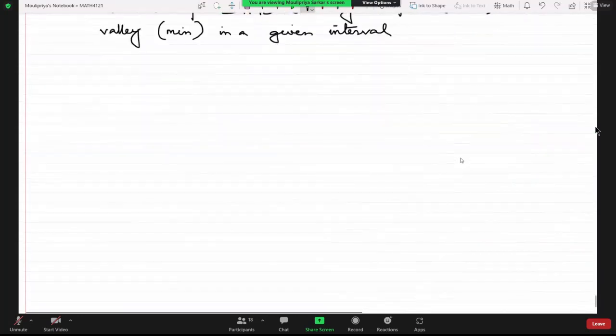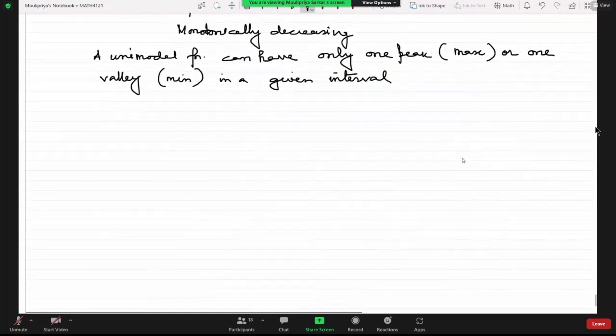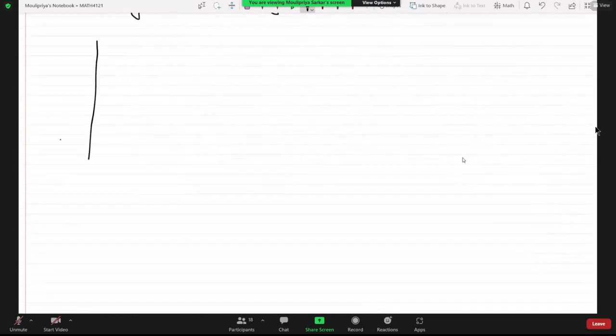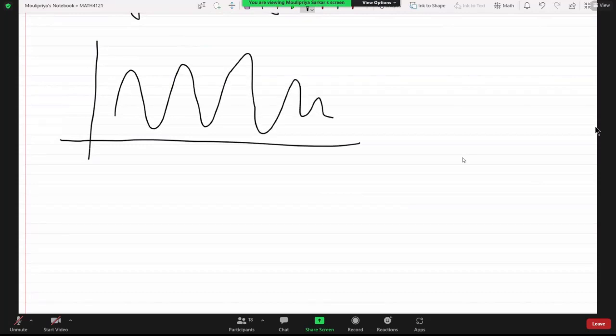Okay, so if this is a given curve corresponding to a unimodal function, then if I draw another curve, say this one, if this is A and this is B, here what we find is in the given interval AB, the function is having more than one maxima and more than one minima, right?